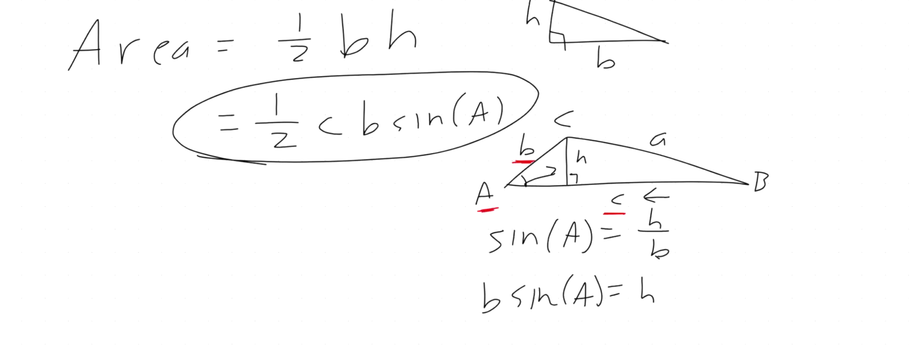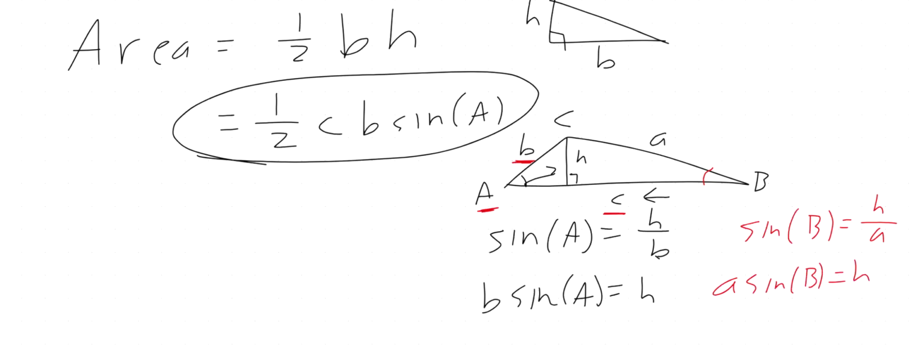And now we could have done this again, noticing that our h is also across from our B. So we could do a similar thing: sine of B equals h over a. Multiplying over our a, a sine of B is going to be equal to h.